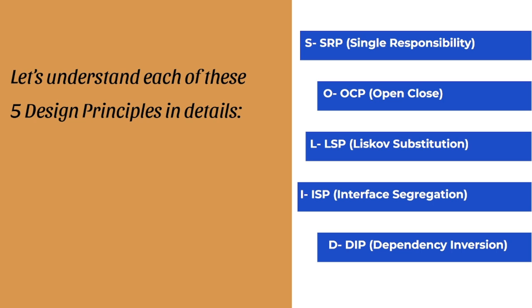As of now, for interview purposes or for understanding, we can understand that high level modules should not depend on low level modules, but both should depend on the abstraction. So that's the D principle.